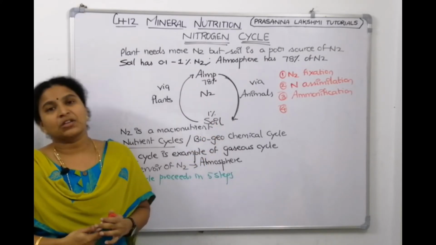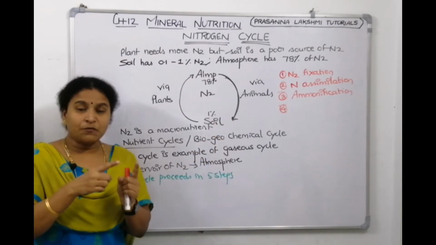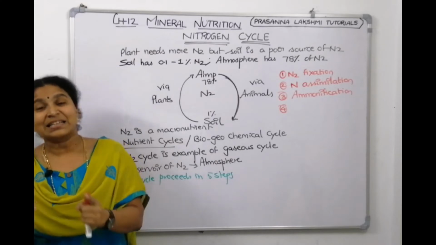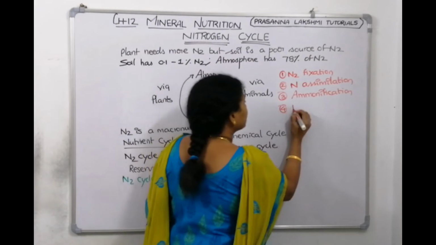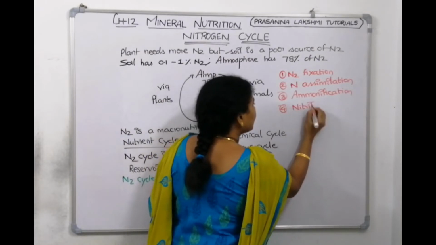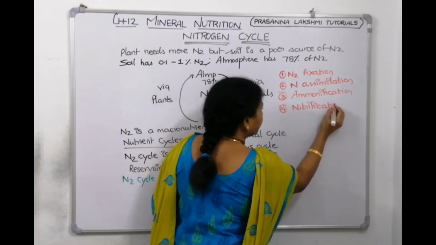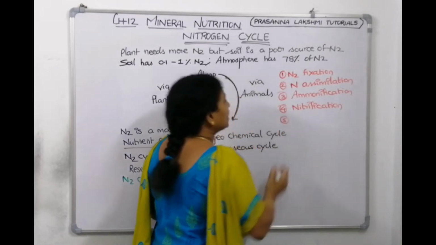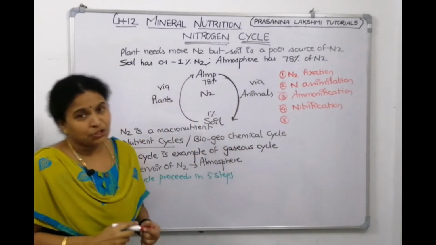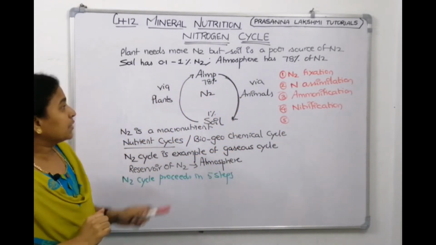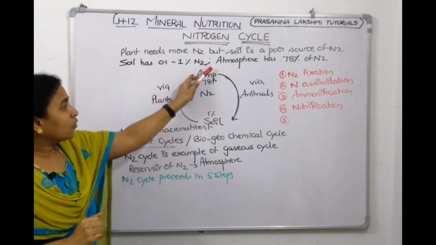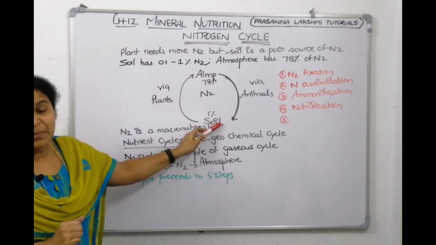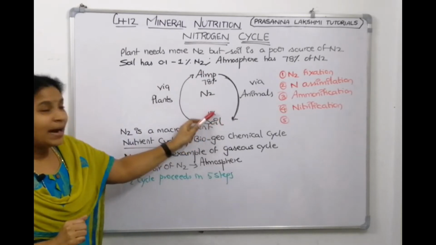The fourth step, conversion of ammonia to nitrite and nitrite to nitrate, is called nitrification. And the last step, now nitrogen fixation, watch carefully. Atmospheric nitrogen is fixed into the soil, so the arrow is down. Nitrogen assimilation, so from the soil the plant is using it.